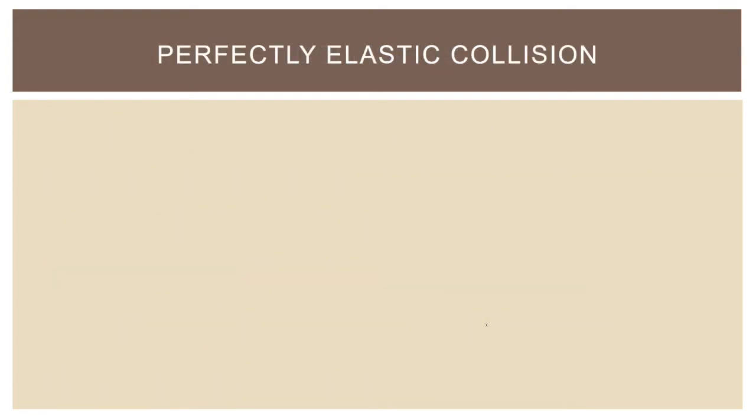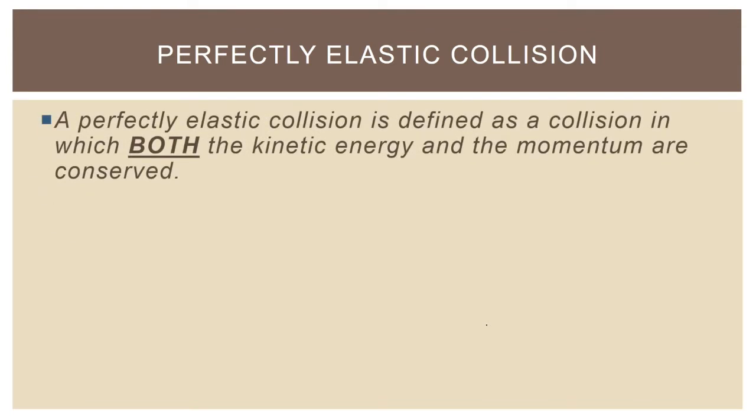Let's start out by defining a perfectly elastic collision. A perfectly elastic collision is defined as a collision in which both the kinetic energy and the momentum are conserved. That is unbelievably important. Both the kinetic energy and the momentum are conserved. And so this is not all that difficult to understand, but just to get the point home, if the momentum is conserved, that can happen in a variety of situations.